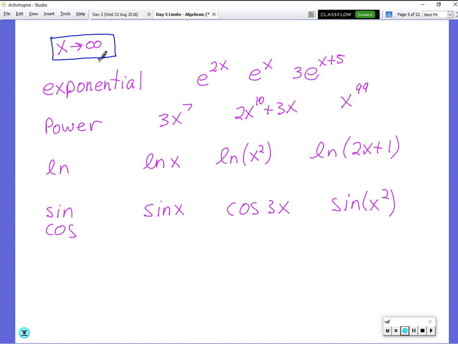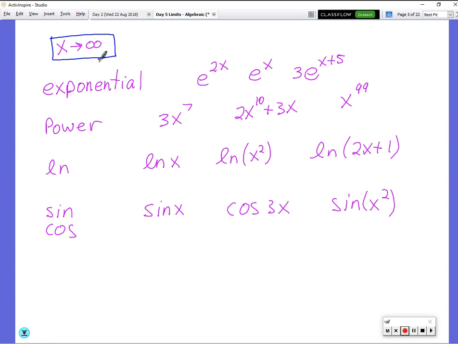The thing to memorize is that if x grows forever, exponential functions grow the very fastest. Power functions grow second fastest, followed by ln, and then sine and cosine don't grow at all. They're periodic, so their values just alternate between 1, 0, and -1.